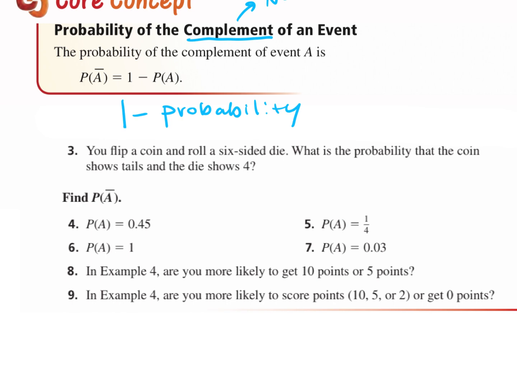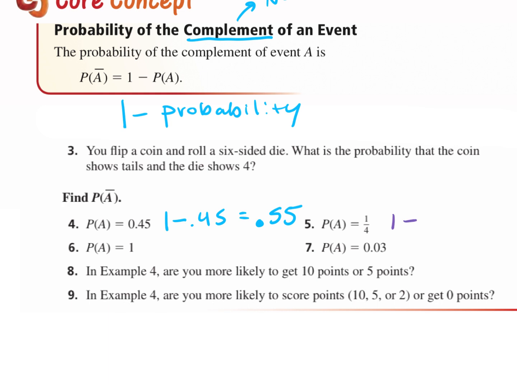So for number 4, how would I find the complement of this? 1 minus 0.45. Awesome. Which would be what? 0.55. Remember, is probability ever negative? Nope, never negative, so it's got to be positive. So it's always 1 minus the probability.